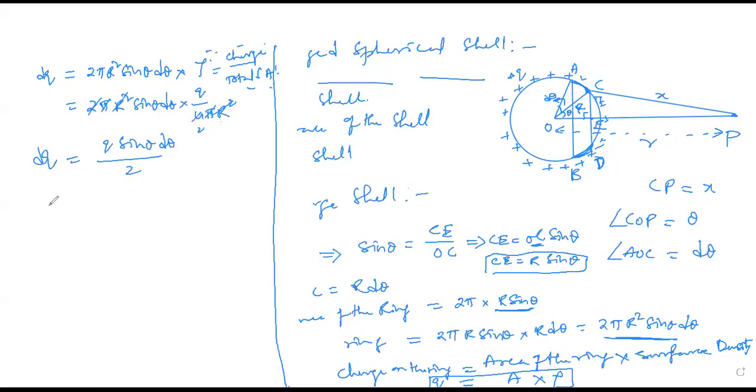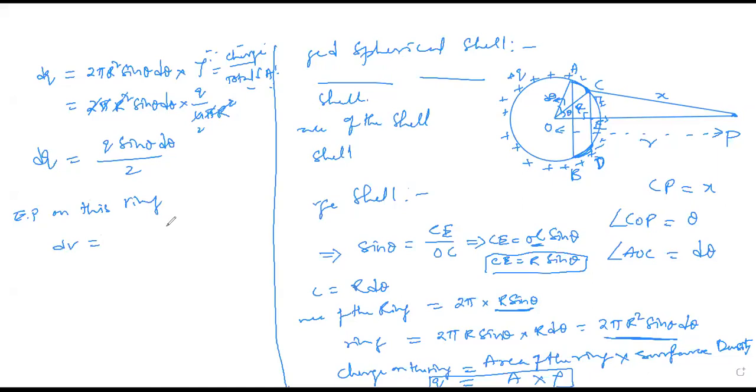Then what is the electric potential due to the charge on this ring? So the electric potential on this ring will be written as dV is equal to, how will we write that? Potential is defined as the charge per distance.